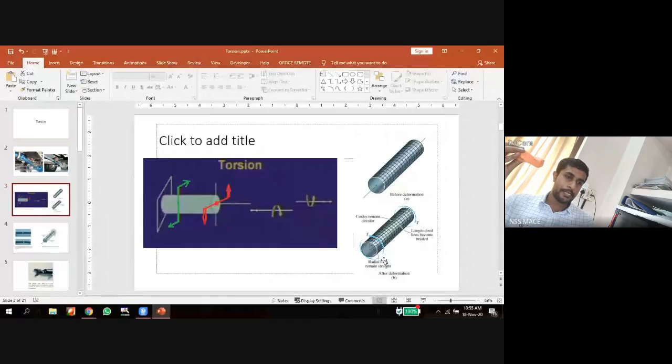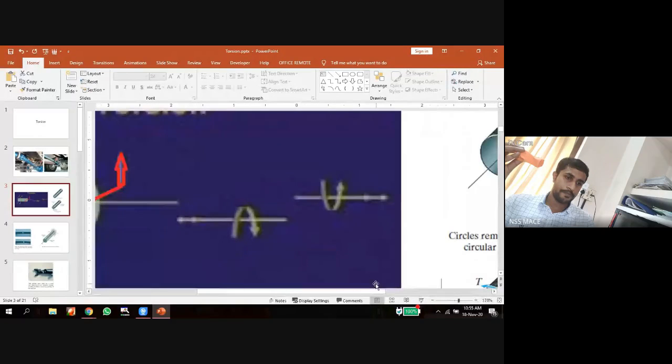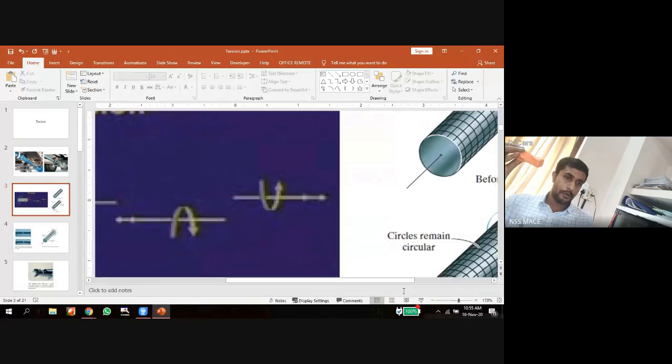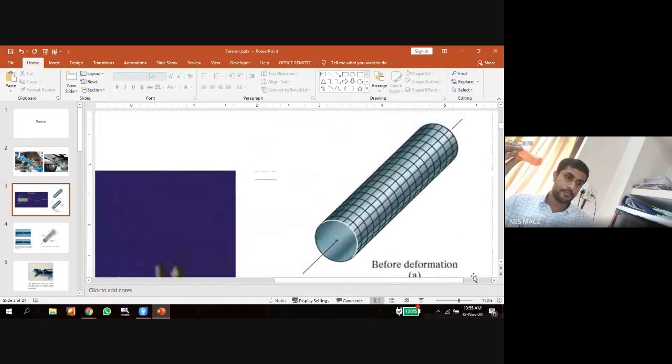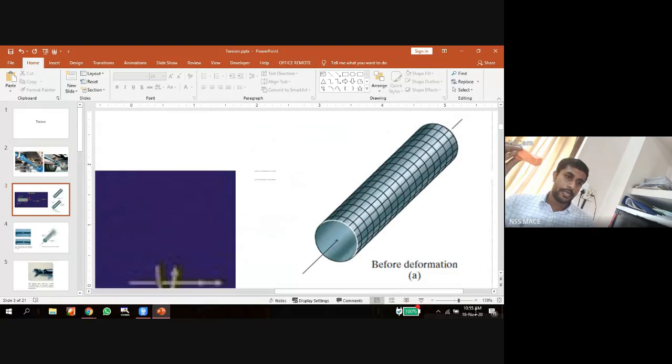Here we can see in this figure. This is the body before deformation. We can see some grid lines, and all these longitudinal lines are parallel to the axis before deformation.